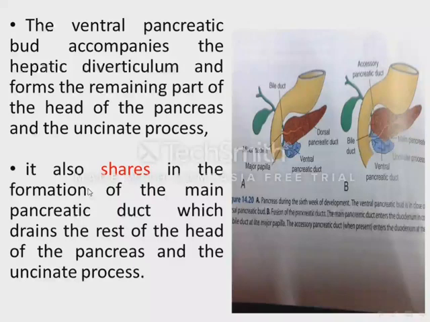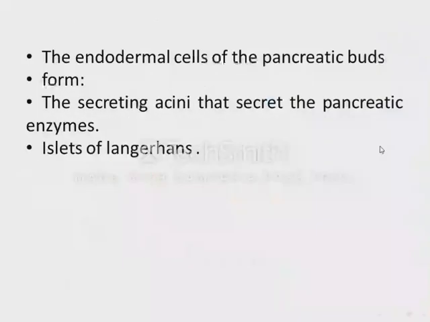It also shares in the formation of the main pancreatic duct, which drains the rest of the head of the pancreas and the uncinate process. The endodermal cells of the pancreatic bud form the secreting acini that secrete the main pancreatic enzymes and the islets of Langerhans.